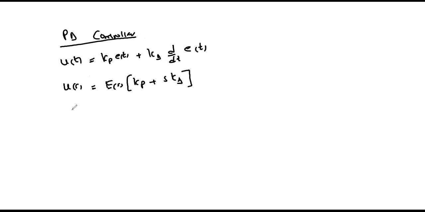And our controller will be defined by U of S over E of S is equal to Kp plus S Kd. We call this equation 5.